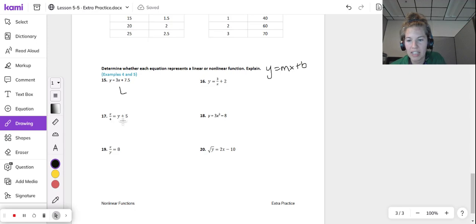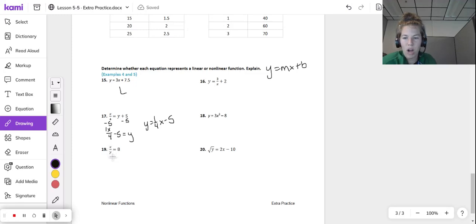Well, if I subtract 5 from both sides, I would get x over 4 minus 5 equals y. So this is y equals mx plus b. The 1x would be the same thing as 1/4. You could rewrite this as y equals 1/4 x minus 5, either way.